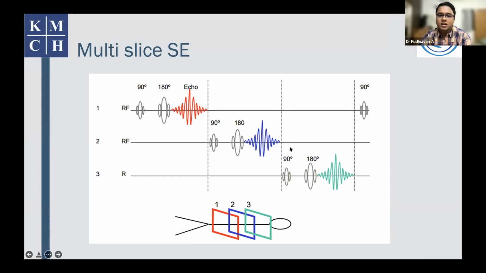And after that, another 90-degree pulse with a still different slice selection gradient. So we are obtaining data from multiple slices simultaneously instead of waiting for the TR time to get over in a single slice. By this method, the complete scan duration gets reduced by the factor of how many slices of image data we are acquiring.